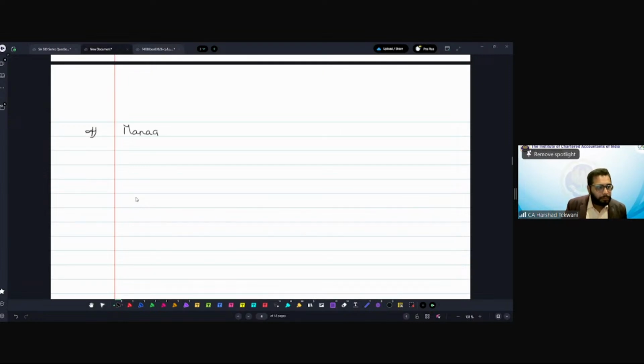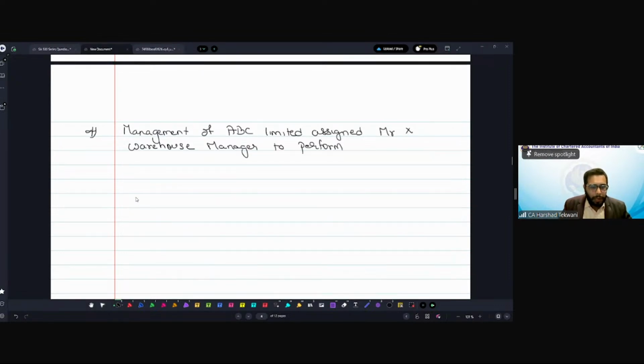Management of ABC Limited assigned Mr. X, the warehouse manager, to perform inventory count on 28th Feb 2024 for financial year 23-24.